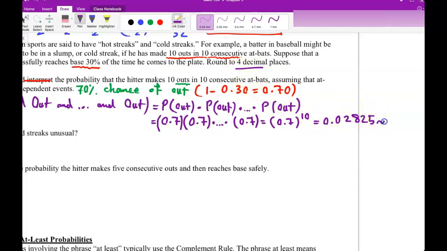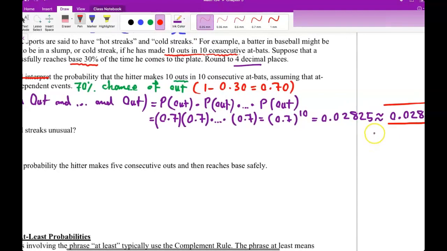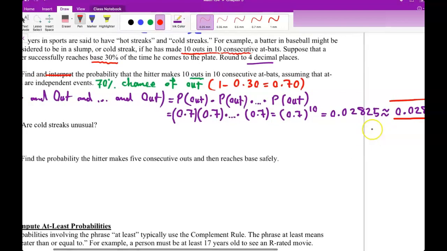So this is 0.0283. Okay, so that is the final answer for part A.